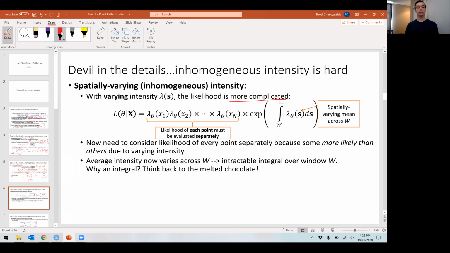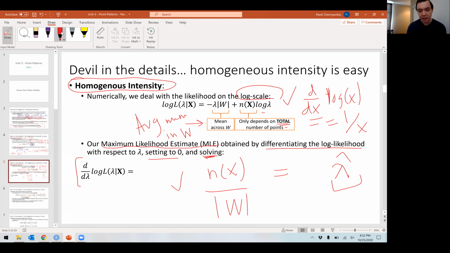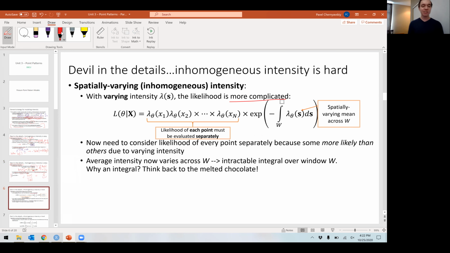All right, first of all, our homogeneous log likelihood only depends on the total number of points. I don't have to keep track of where the points are located. But when we have a spatially varying intensity, then we have to keep track of where the points are located. We have to evaluate our likelihood at every point because some points are far more likely than others.